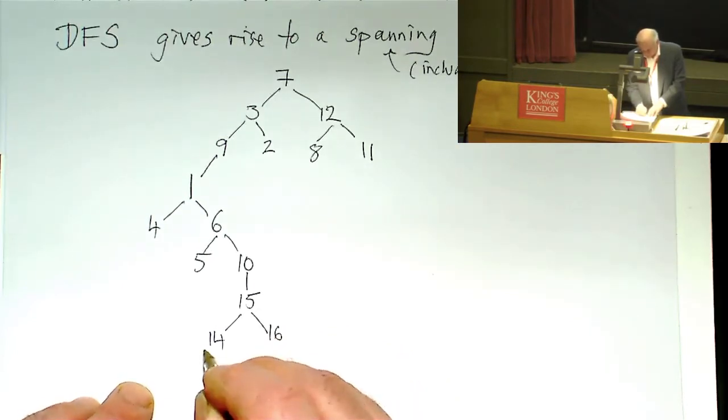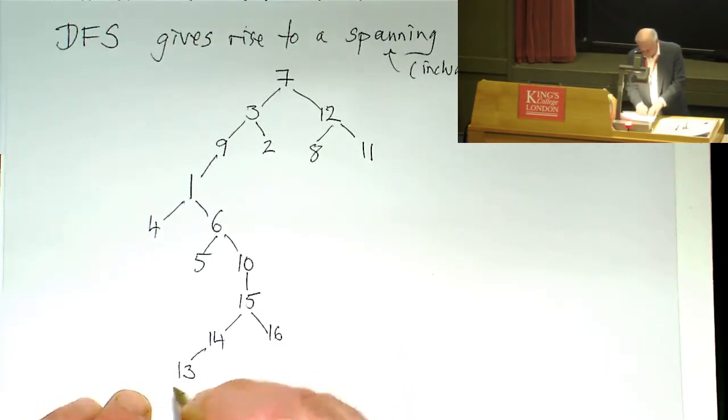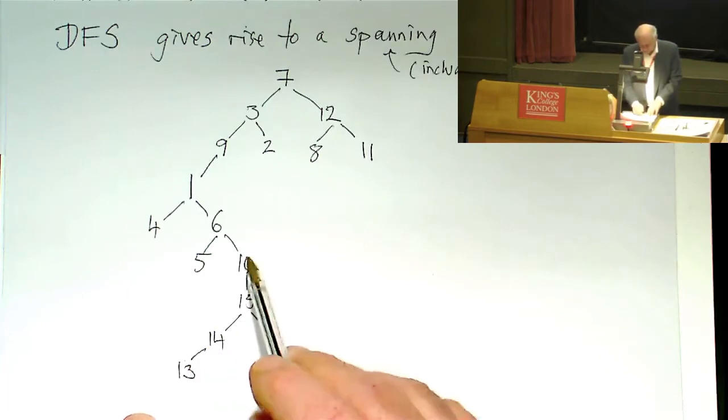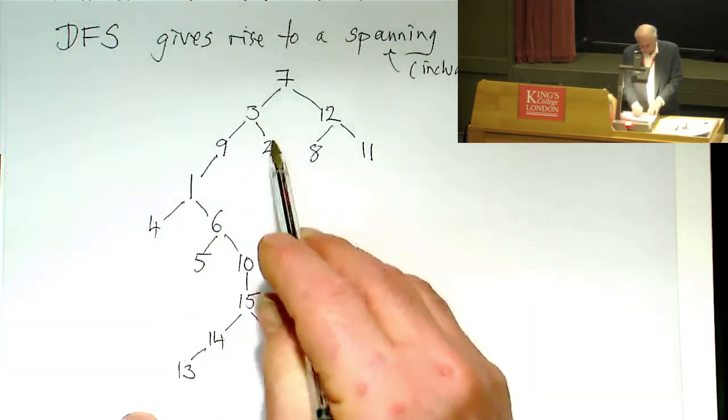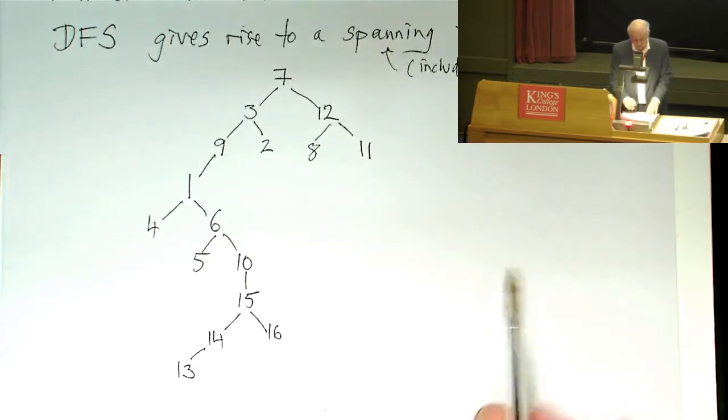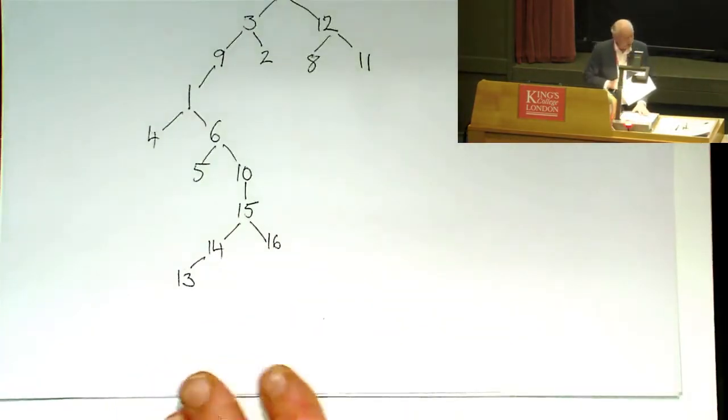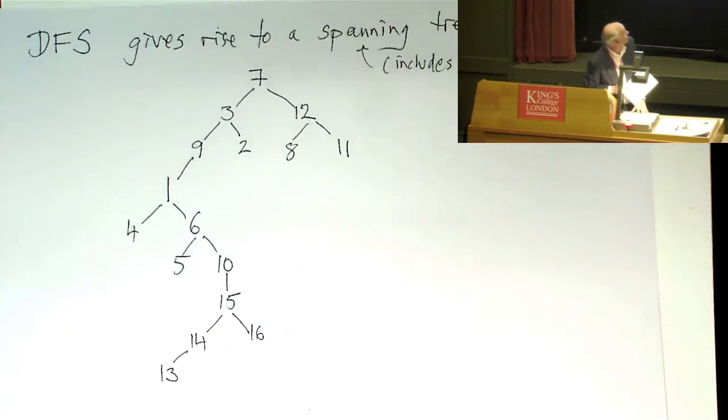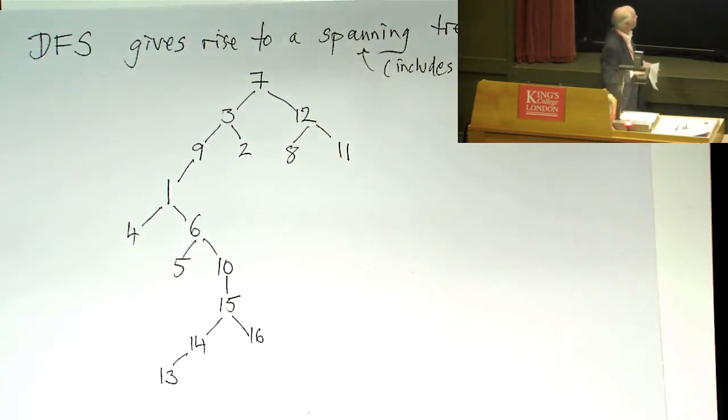And from 14 we got to 13. So we've got all 16 vertices, and that is the so-called DFS tree.